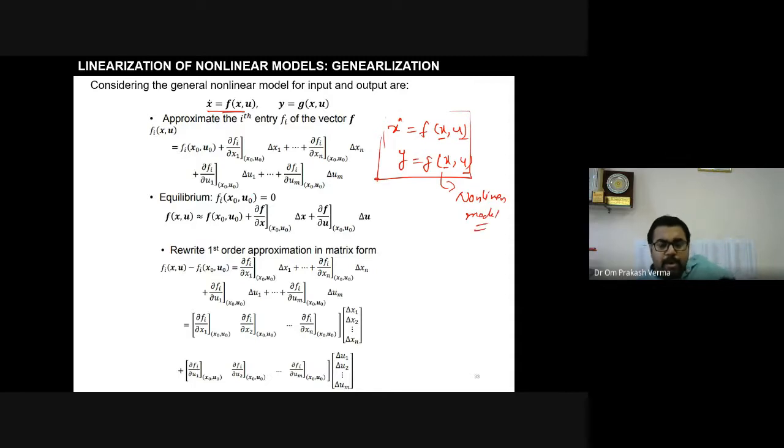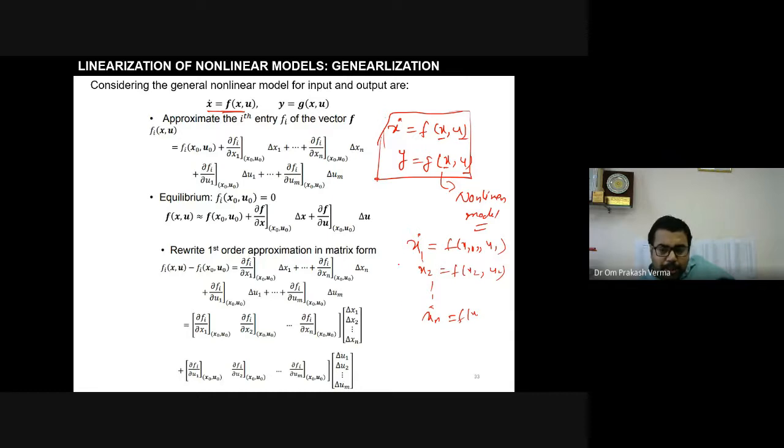So for the linearization technique, how will it be applied? Let's say x1 dot is equal to f of x1 comma u, x2 dot is equal to f of x2 comma u2, and xn dot is equal to f of xn.